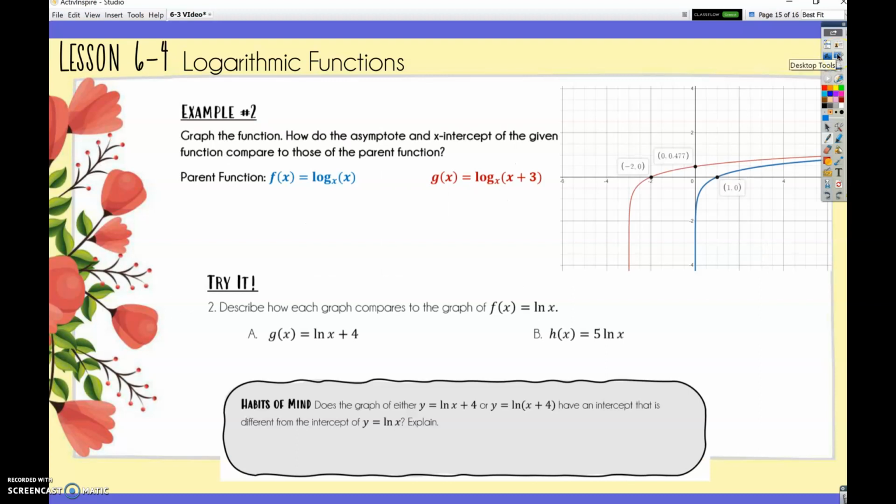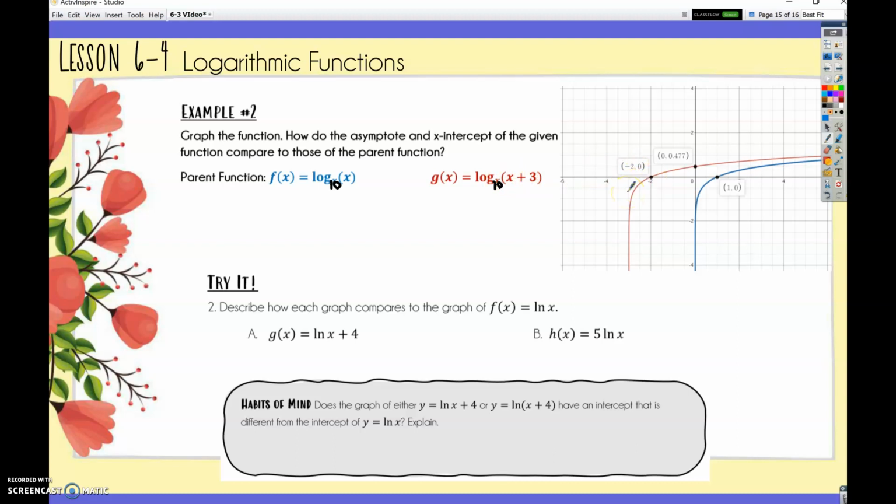On example 2, we have graphed log functions where, as long as this base is the same, any base would do, whatever base you want to be in, but I used the common log, base 10. So if you had log base 10 of x, that's this blue graph. We notice it crosses the x-axis at 1, 0. Log base 10 of x plus 3 crosses the x-axis at negative 2.